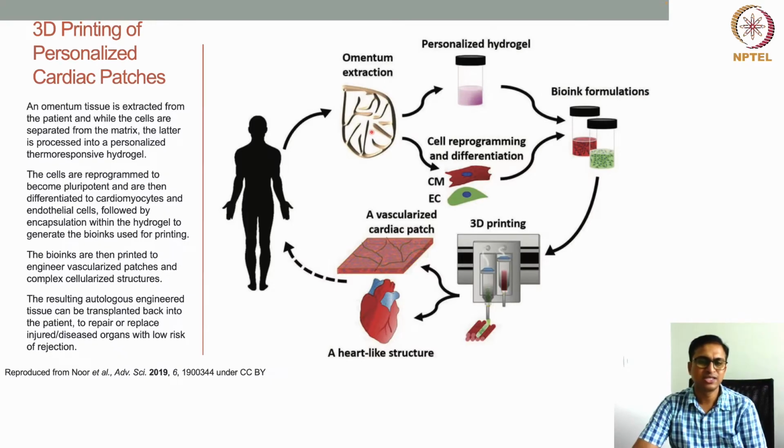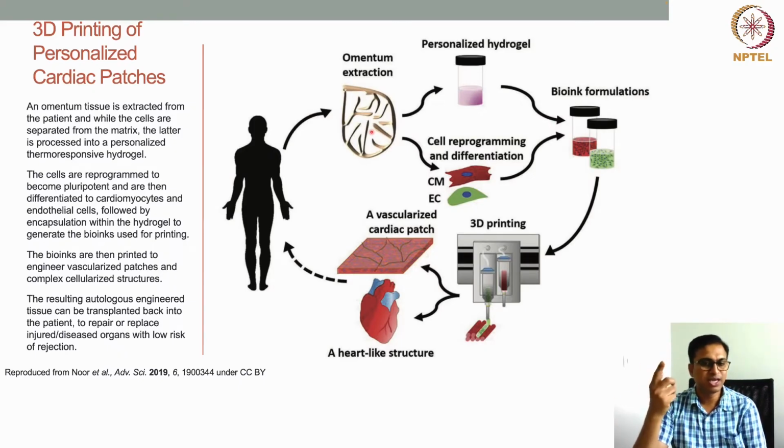A typical protocol is there, where this tissue is solubilized into a hydrogel by dissolving it in an acidic solution with the help of pepsin or some other enzyme, and then a hydrogel can be developed.